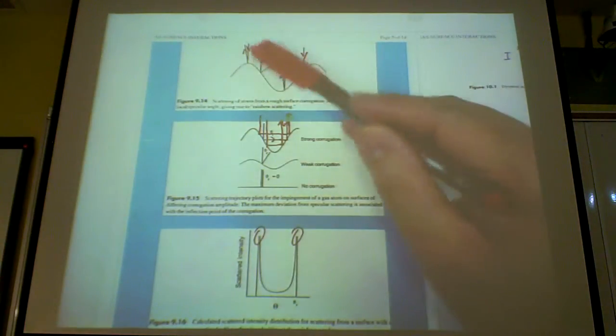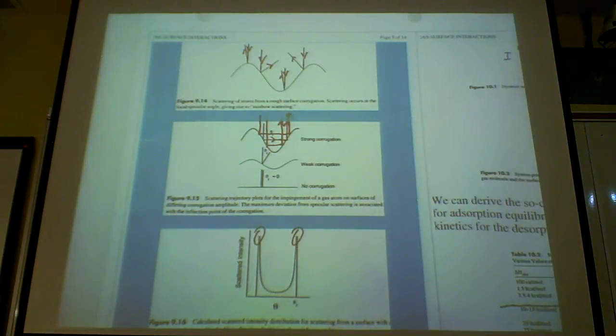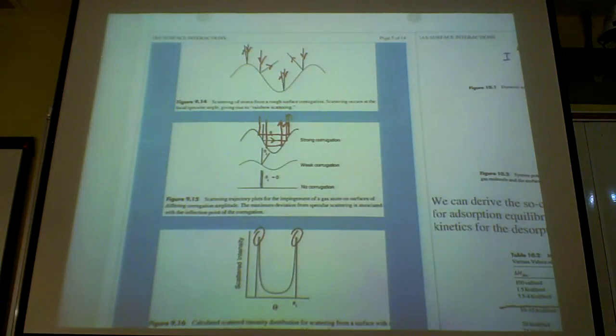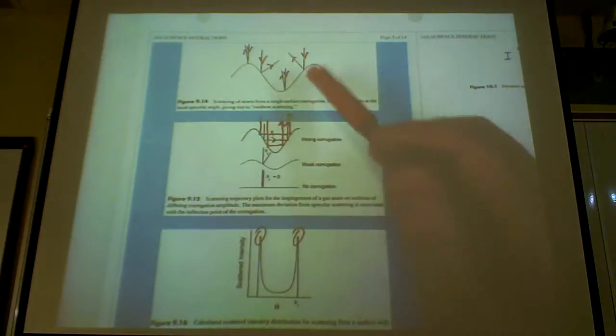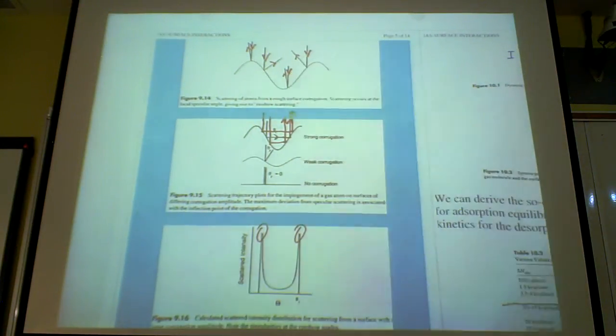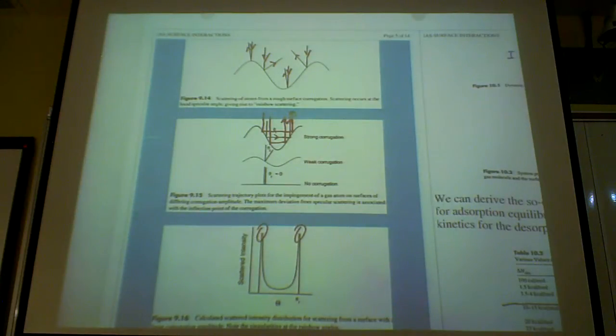When you come in at different angles, you have a scattering effect, which disperses in all directions and in most cases gives you different colors. So this is the so-called classical rainbow scattering.